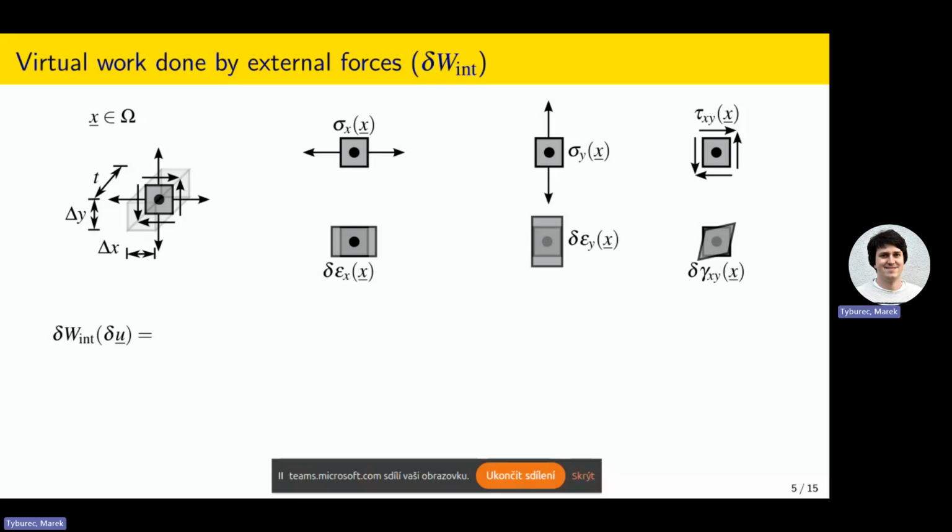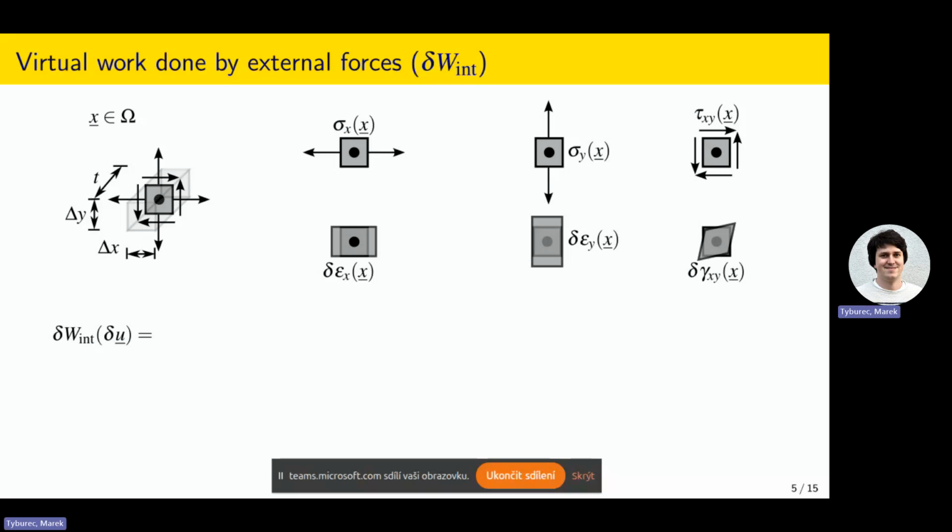And so again, we can somehow simplify this. The simplest form will be now that we have integration over our domain omega. And what is inside is now this virtual strain, let's say vector, or tensor, but now it's a vector actually in this notation.